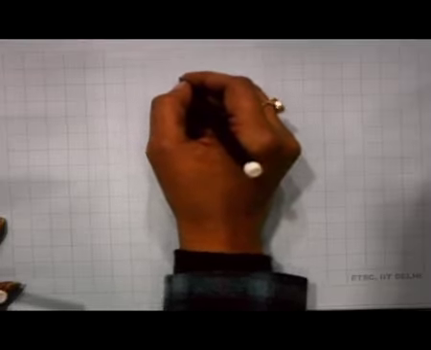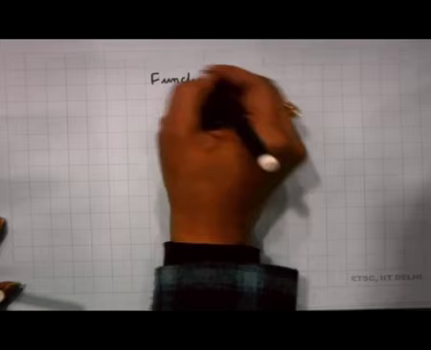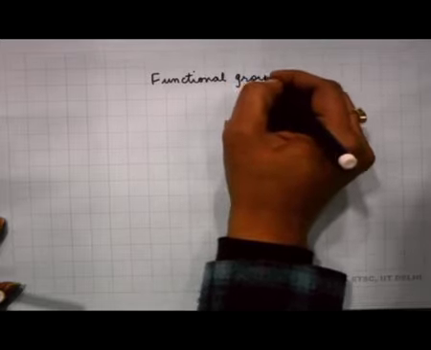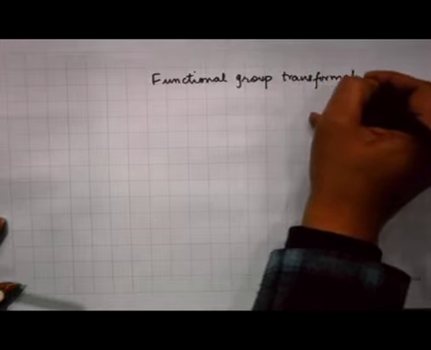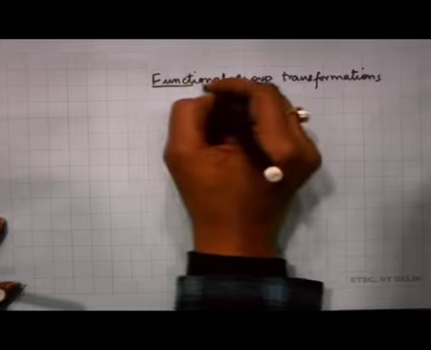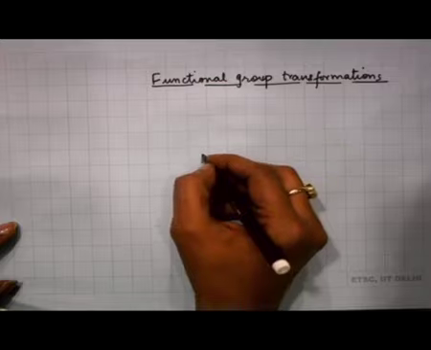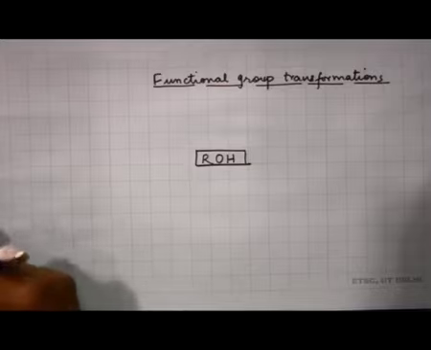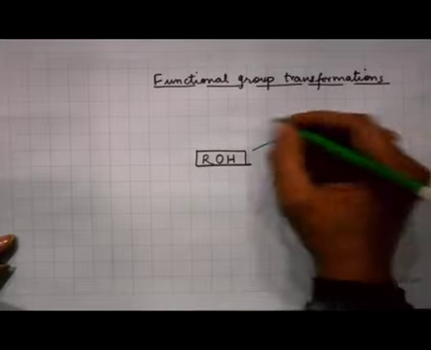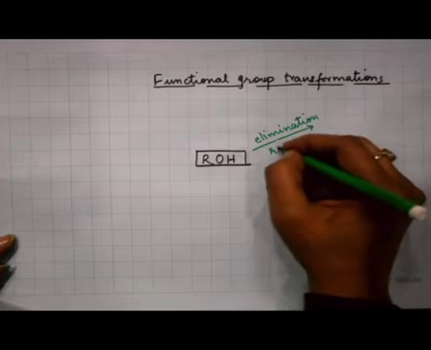Alcohols can undergo various functional group transformations, and they are the raw material to a variety of different organic compounds which we can obtain starting from alcohols as the basic structural unit. Starting from alcohol, we can do an elimination reaction. Via an elimination reaction, alcohols can furnish what we know as alkenes.